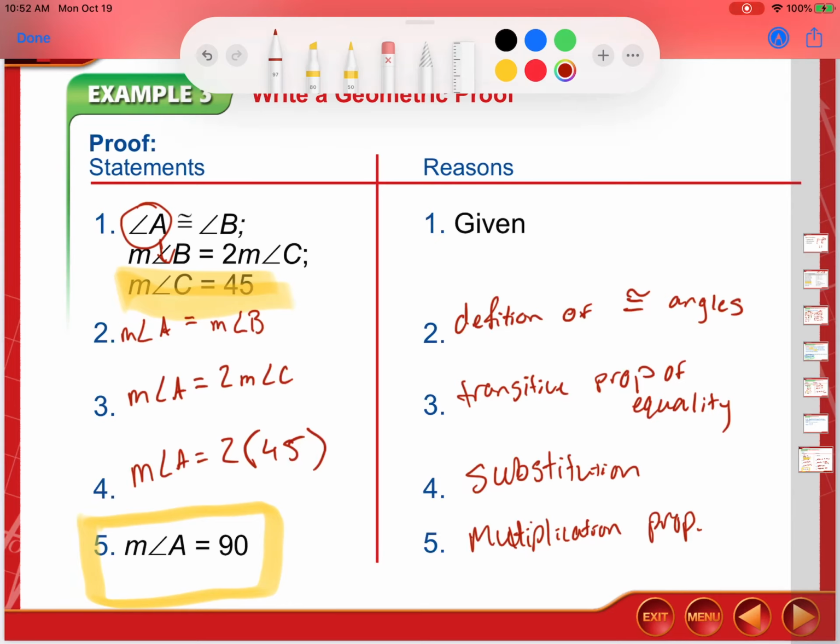So big picture, what I want you to get out of this is that when we're writing two-column proofs, you have your statements, so like your math on the left side, and then you have your reasons or your evidence. So essentially on the left-hand side, you have your what, and then on the right-hand side, you have your why.